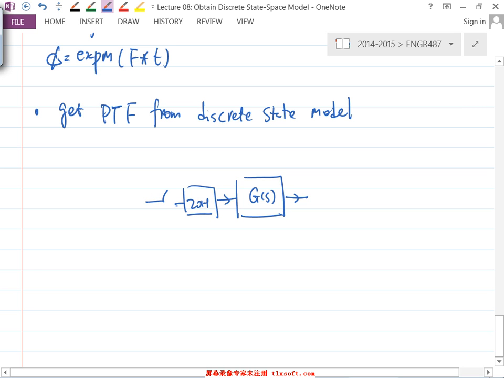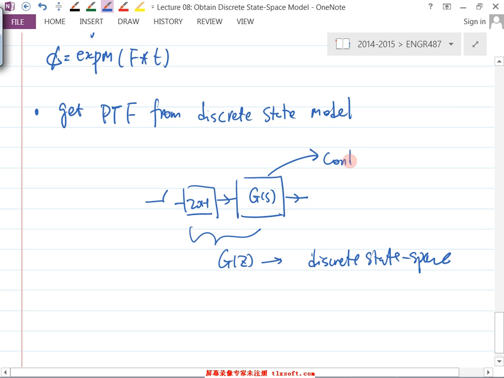If you think about all the different ways of doing this, if I do this, I can get a G of z, and from G of z to a discrete state space model. Or from this G of s, we get a continuous state space model, and from the continuous model, we get this discrete state model.